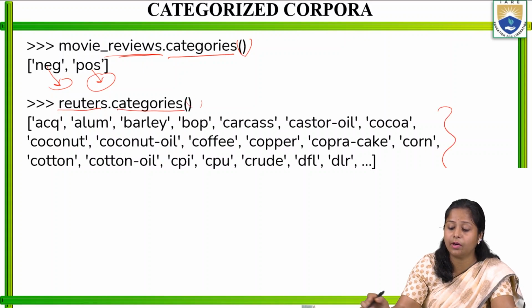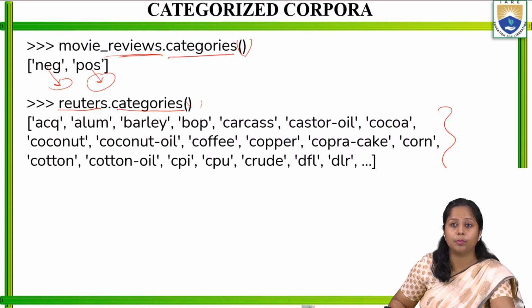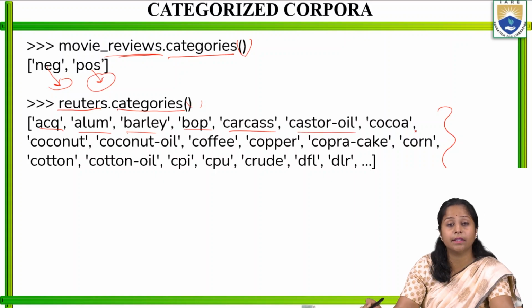That is going to list all the related categories in this output. You can see here ACQ, alum, barley, bop, carcass, castor-oil, like this. These categories are there in this reuters corpus. So like this, we can call the categorized corpora here in the command prompt.